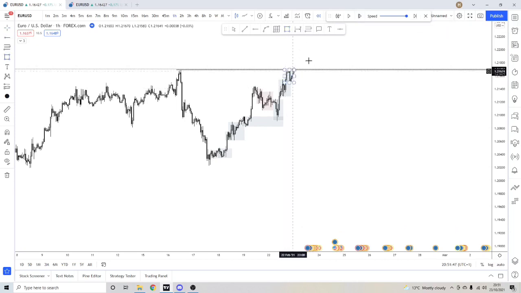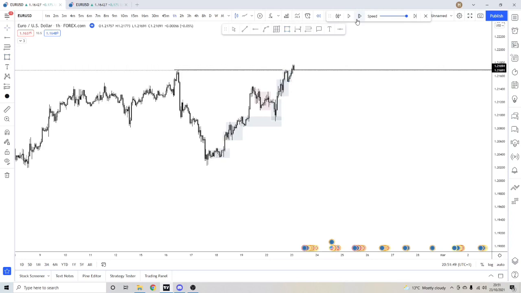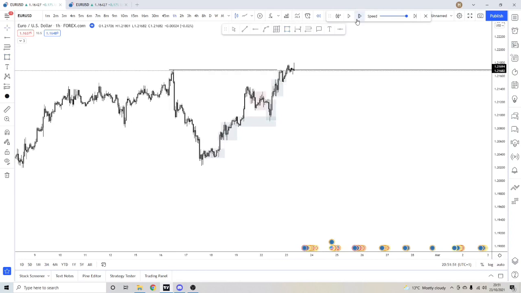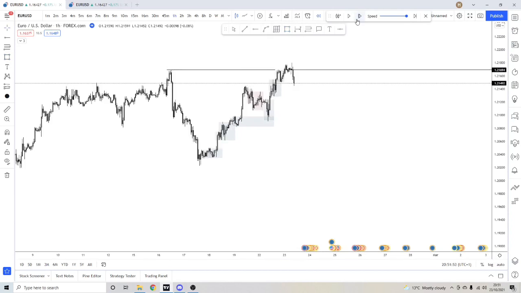Now we have this range here. And to our surprise, the range gets taken out. So now their objective is complete, they've done what they wanted to do. They've grabbed the liquidity above that high.